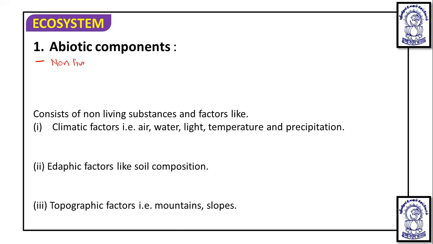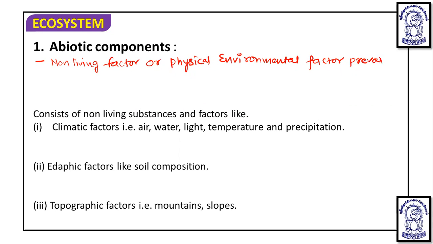It includes non-living factors or physical environmental factors prevailing or present in an ecosystem, which constitute the abiotic components.